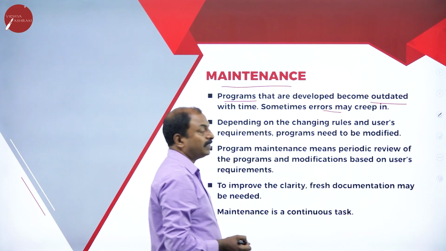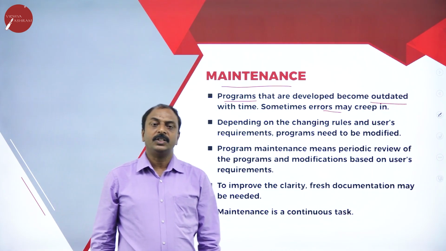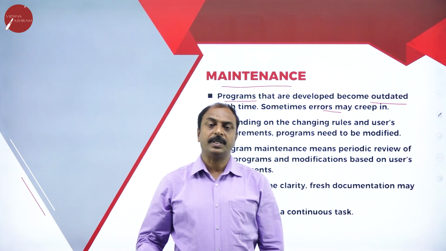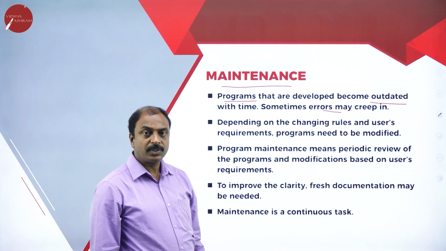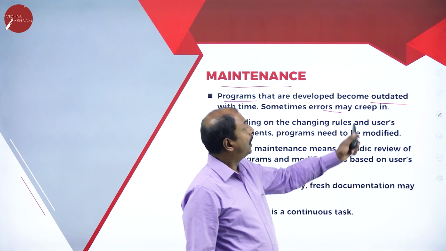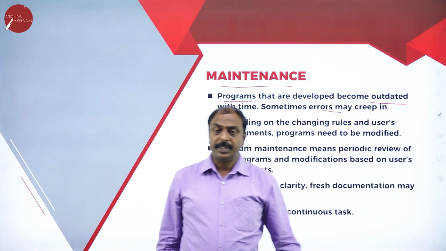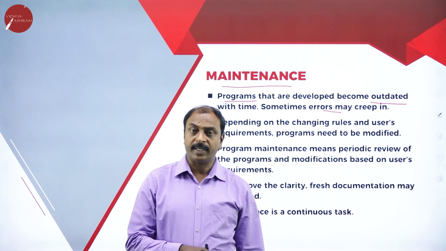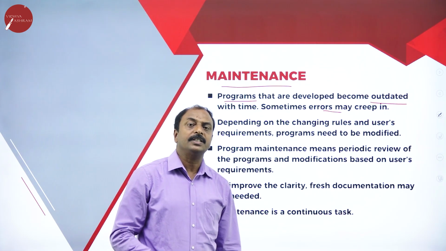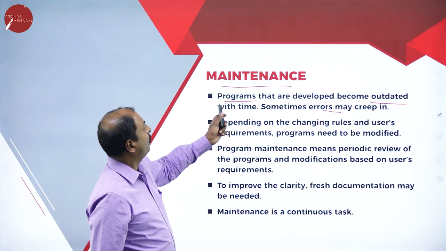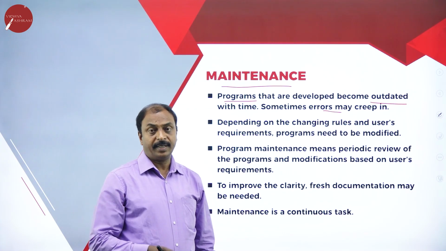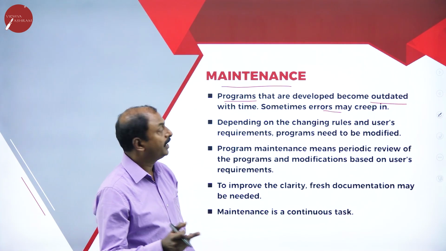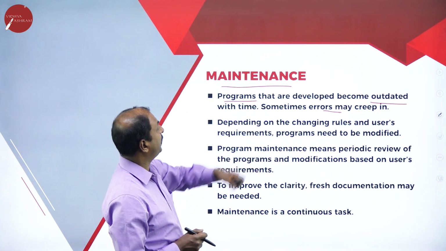What does outdated mean? Suppose a software or application is developed today; after 3 months, 6 months, or a year, it will be outdated, in the sense that we cannot use it because of different technical specifications. So very frequently these programs have to be updated, which means we have to keep changing them. That is the meaning of program maintenance.